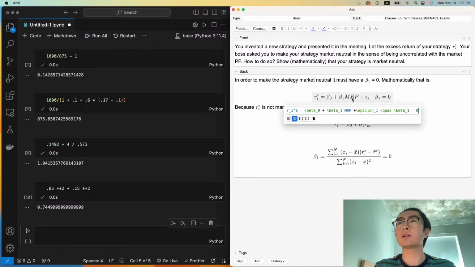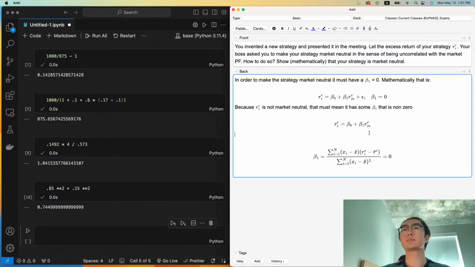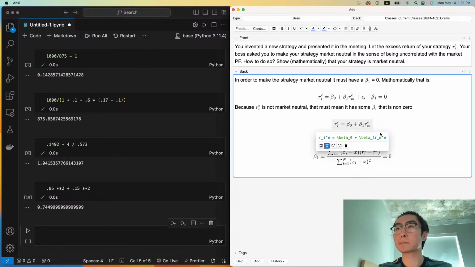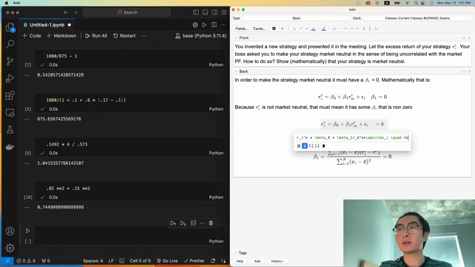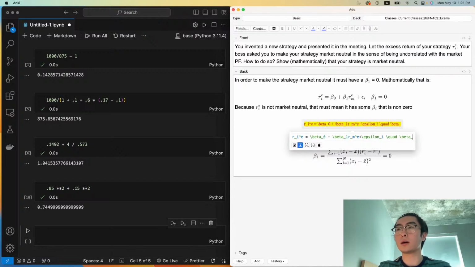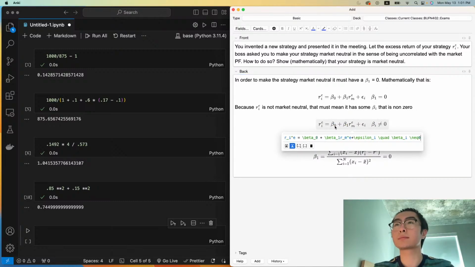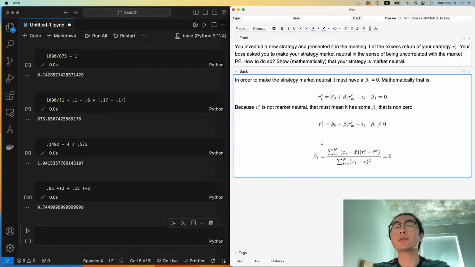So return to the market, I think, as well. Maybe beta i not equal 0. Okay. So because the excess return on the strategy is not market neutral, that must mean it has some beta i that is non-zero. Okay, that's fair.